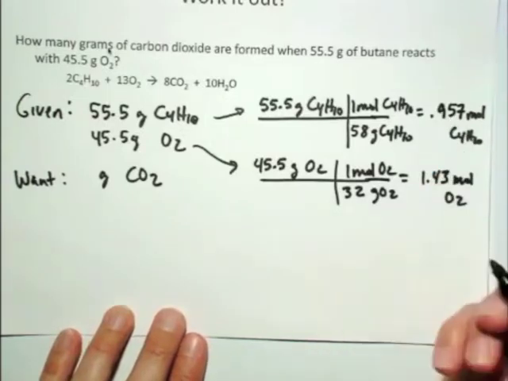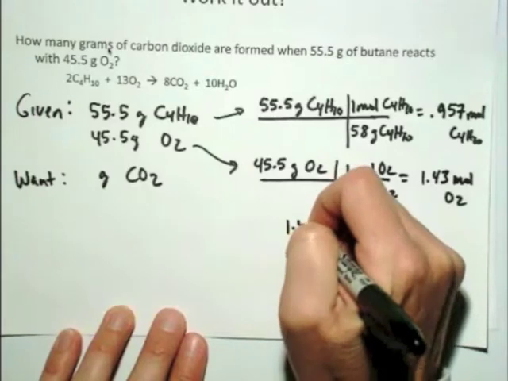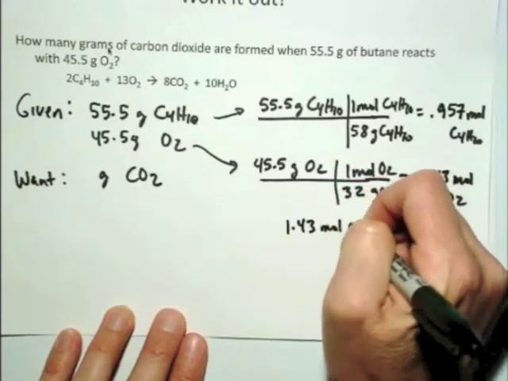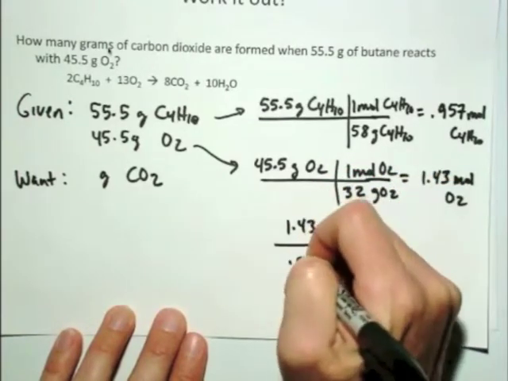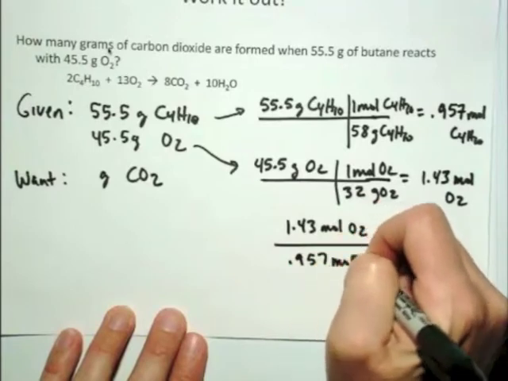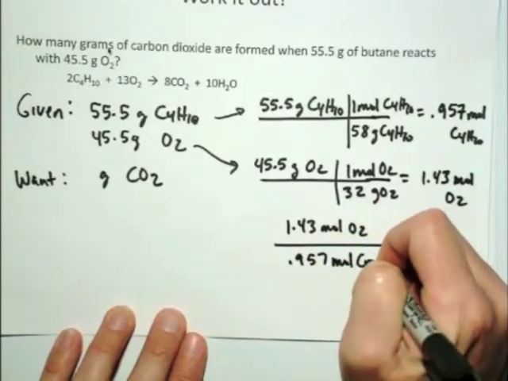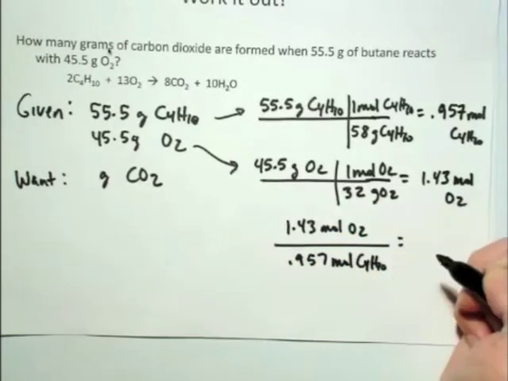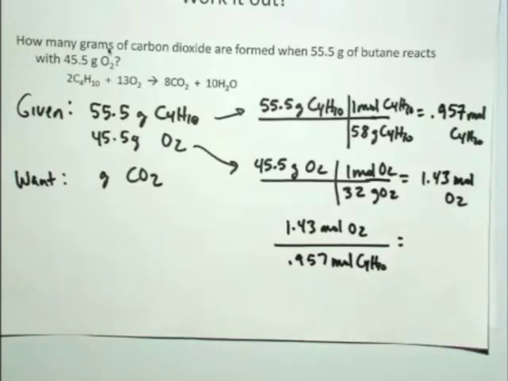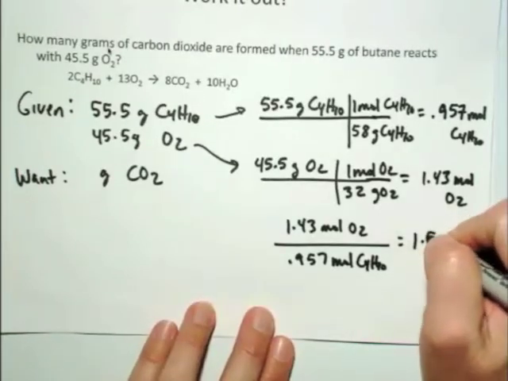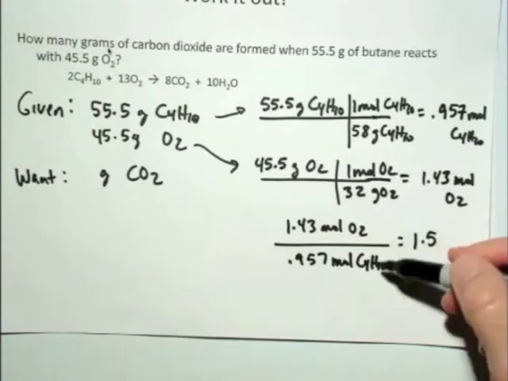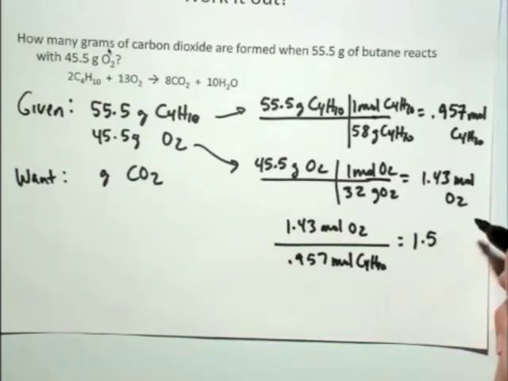So in this case, it's 1.43 moles of oxygen per 0.957 moles of butane, and that mole ratio is equal to, let me see, did I write that down somewhere? Oh yes, that's about 1.5. Okay, that's the molar ratio of oxygen to butane.